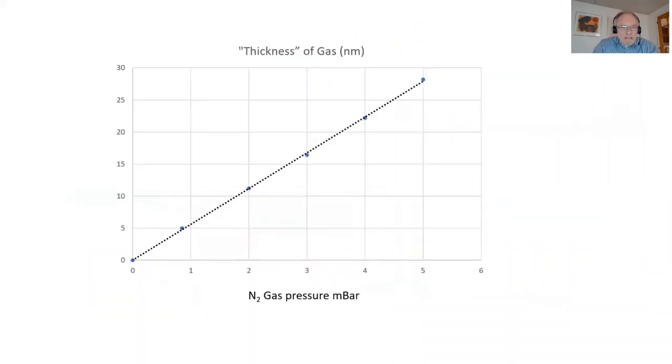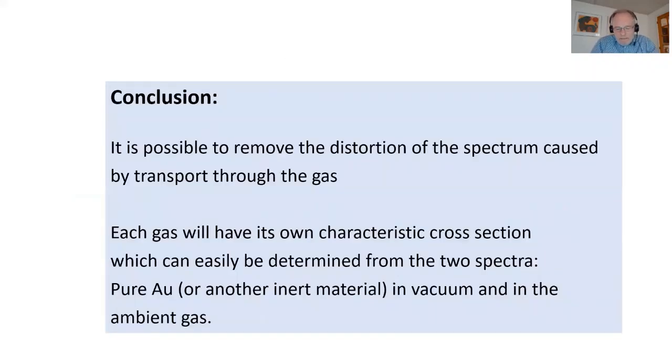And here, this is plotted, the gas pressure and the effective thickness. And you see it's very linear, to within 1% or so, directly proportional to the gas pressure. So the conclusion is that we can find a way to remove the distortion of the spectrum caused by the transport through the gas.